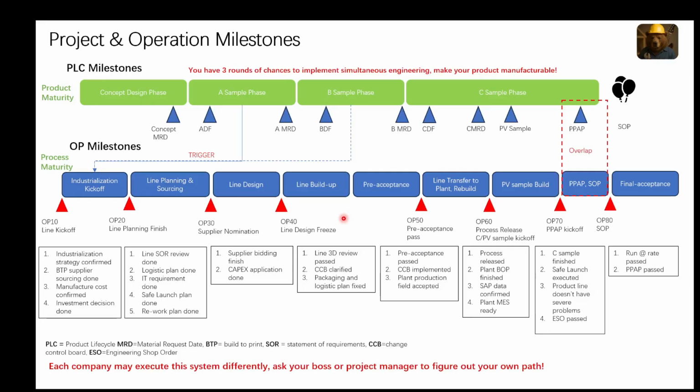So from the initialization of the industrialization until the PPAP, 1 year is enough. But in Germany or some European countries, they're much slower. They could be 2 years or even longer. So this is basically a conclusion from my experience.